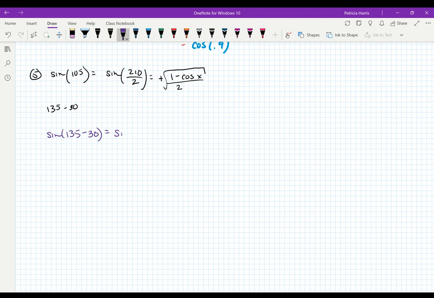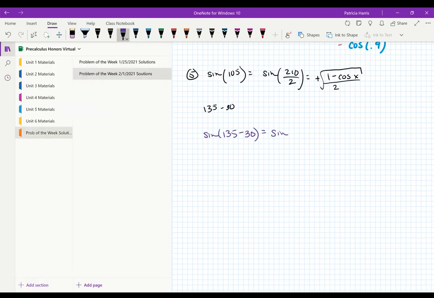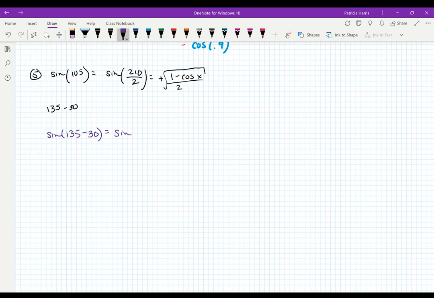Okay, using not the half angle formula, but the difference formula for sine. Okay, there's my difference formula.